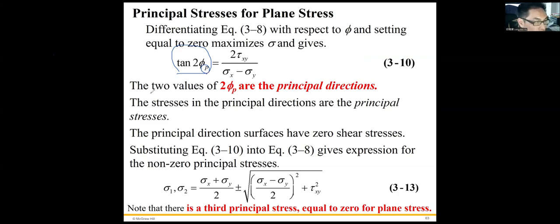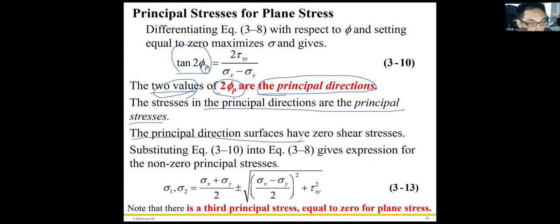That's why we say the value of 2 theta p is the principal direction. There are two values because we can rotate clockwise and counterclockwise. The stresses in the principal directions are principal stresses, and the principal stress surfaces have no shear stress.